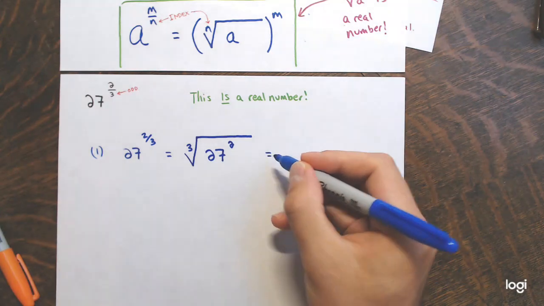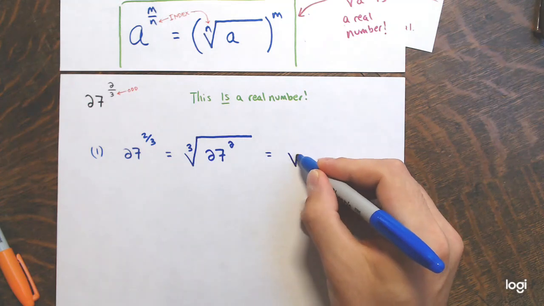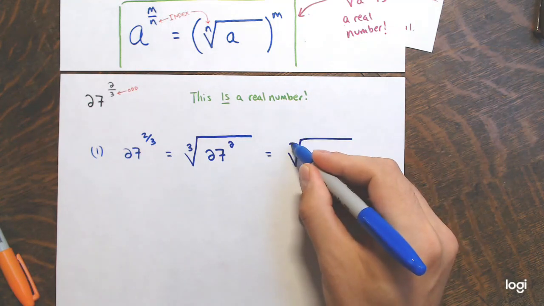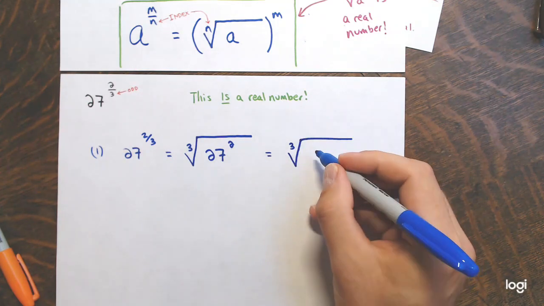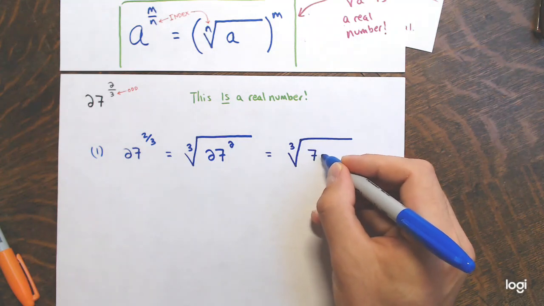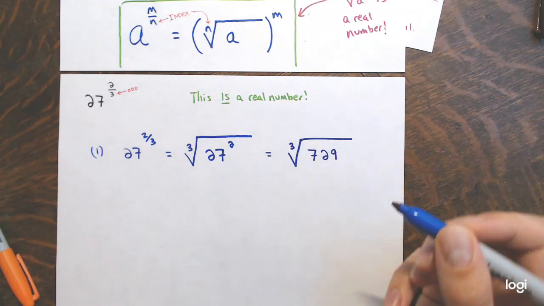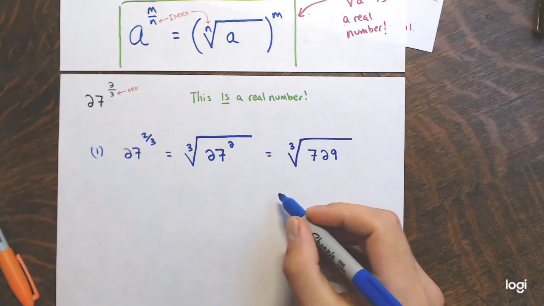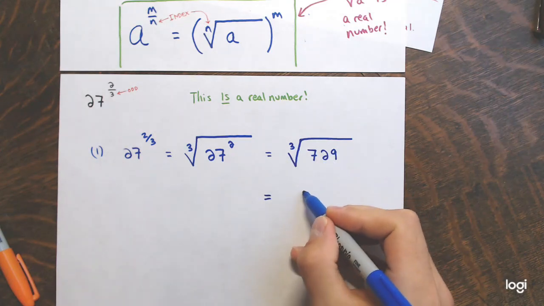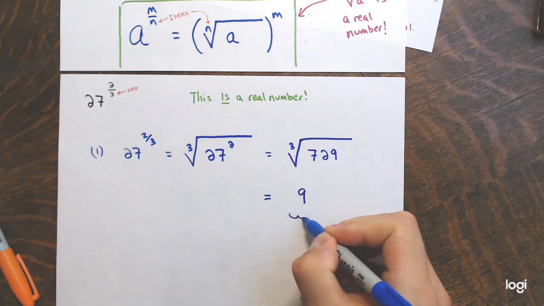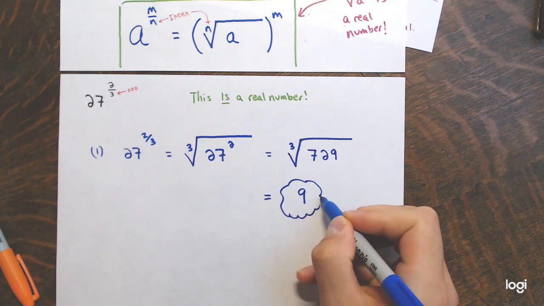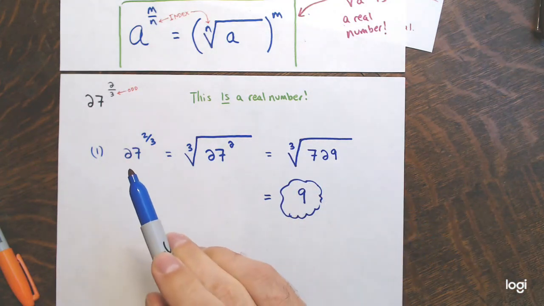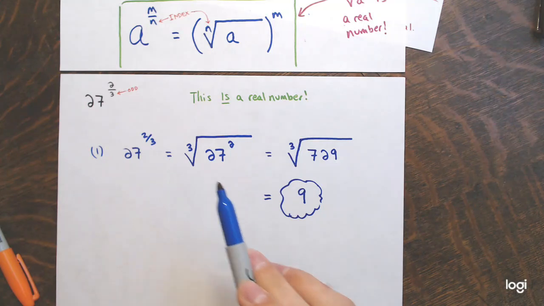Not that big, but it's bigger than I'd like. That's the cube root. And here we're doing 27 squared on the inside. That's 729. And then, what to the third power is 729? That's 9. The cube root of 729 is the number 9. All right? So 27 to the 2/3 power is 9.